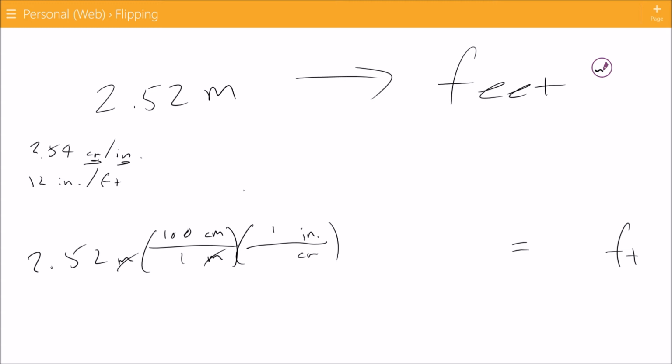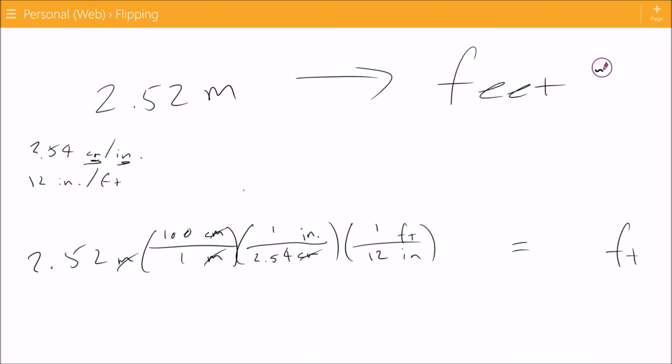I know that for every 1 inch I have 2.54 centimeters. The centimeters then cancel out. And now that I'm in inches, I can go to feet. I want feet to be in the numerator, and for every 1 foot, I've got 12 inches. Remember that when you multiply by 1 over, like 2.54 or 1 over 12, you're really just dividing by 12. It's the reciprocal.